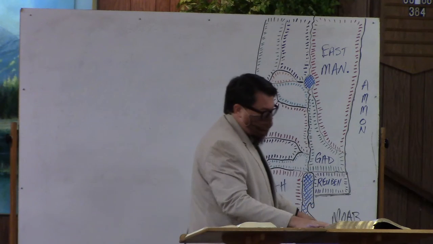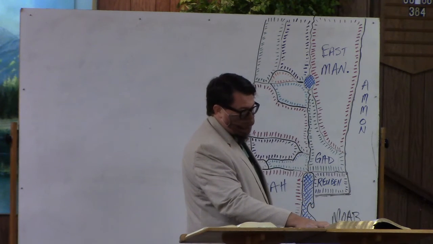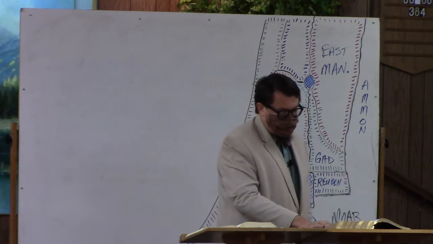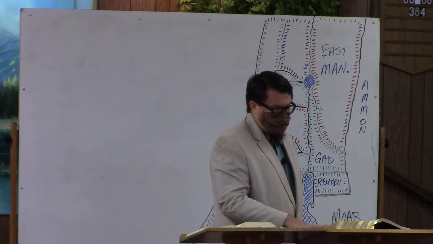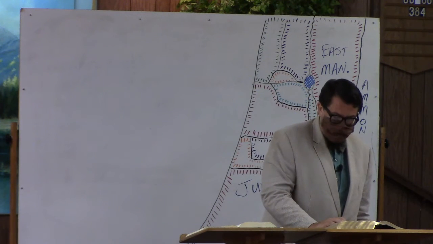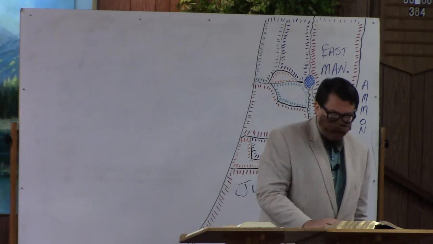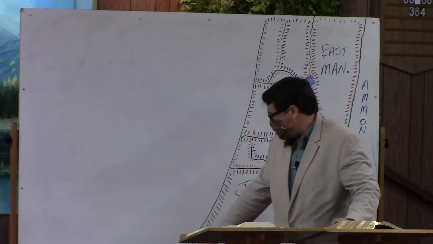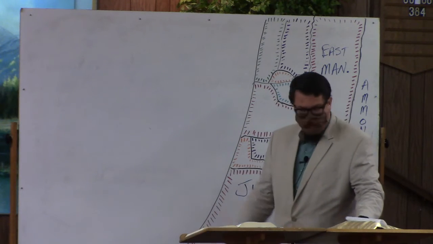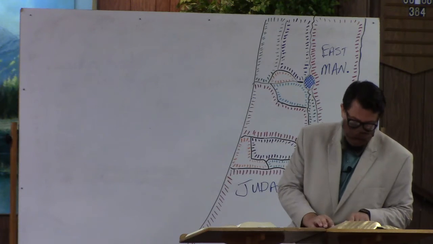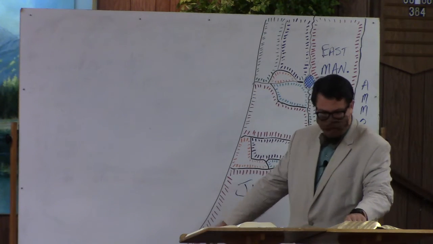It goes out southward of the ascent of Akrabim, passes along to Zin, goes up south of Kadesh Barnea, along by Hezron, up to Adar, turns about to Karka, passes along to Hezmon, goes out by the brook of Egypt, so that puts us out to the west here, the brook of Egypt, and comes to its end at the sea.